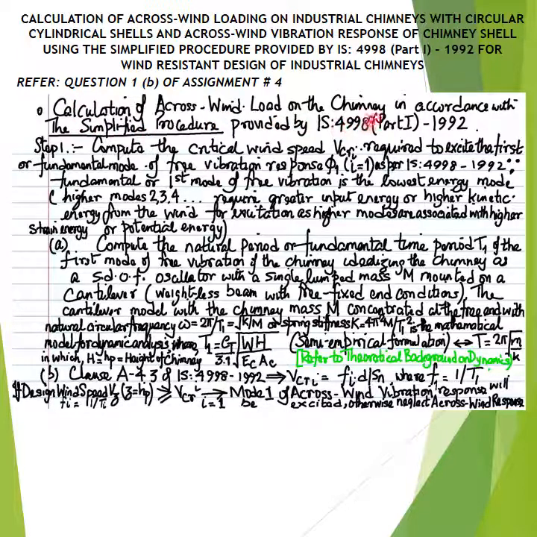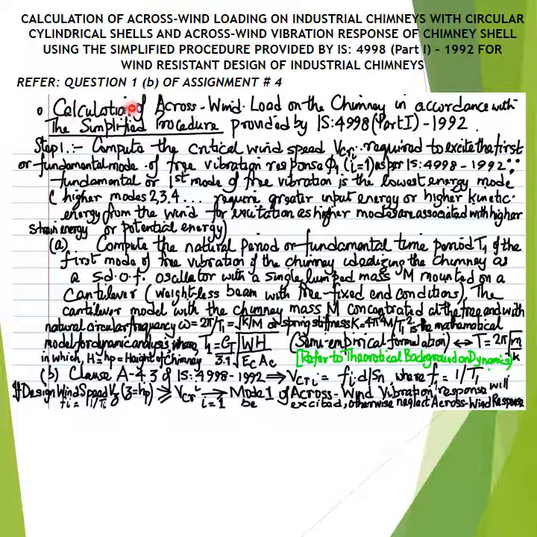Calculation of the crosswind load acting on the industrial chimney structure is performed in accordance with the simplified procedure that is provided by IS 4998 Part 1, that is the Indian Standard Code of Design Practice for circular cylindrical chimneys under the action of wind loads.